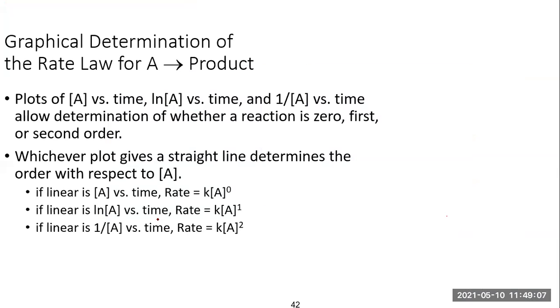You basically can prepare all three of those graphs that we were just talking about on the other slide: natural log of A versus time, concentration of A versus time, and 1 over A versus time. And again, these are our first, zero, and second order graphs.